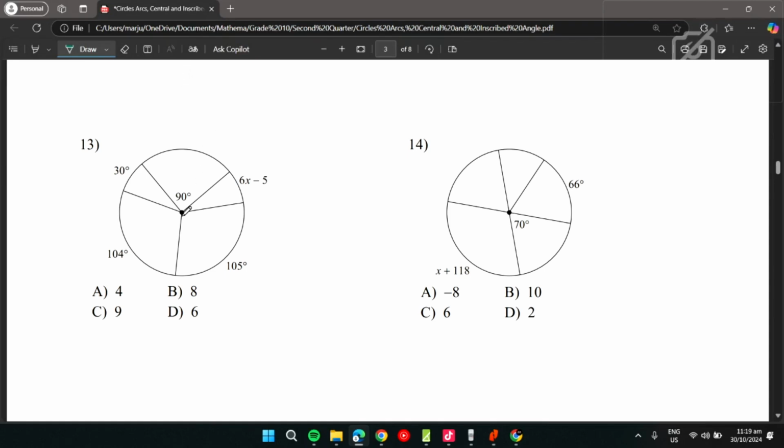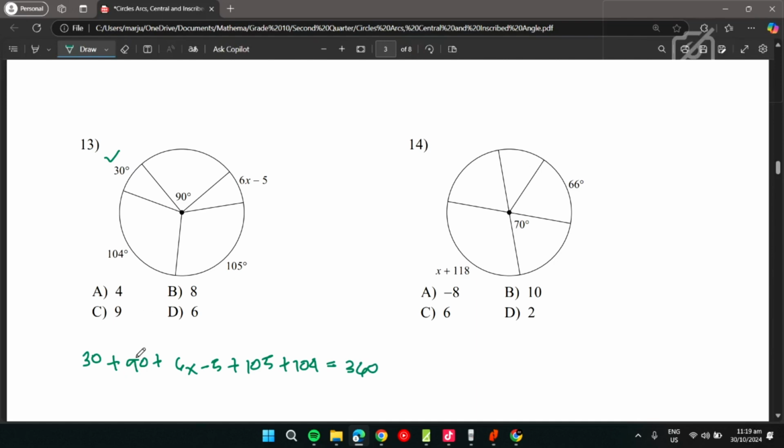So, this is equal to 30. Alright? Plus 90 plus 6x minus 5 plus 105 and then plus 104. Again, ang sum nitong lahat is 360. That's the entire circle.